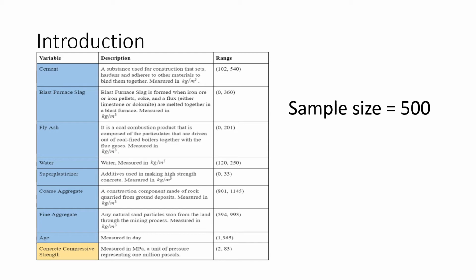X4 is water. X5 is superplasticity, which is an additive used in all concretes. X6 is coarse aggregate. X7 is fine aggregate, which can basically be described as pretty much sand. And X8 is the overall age of the concrete.